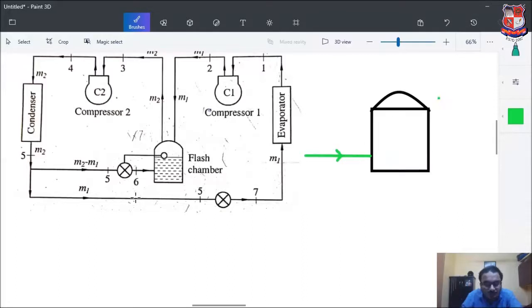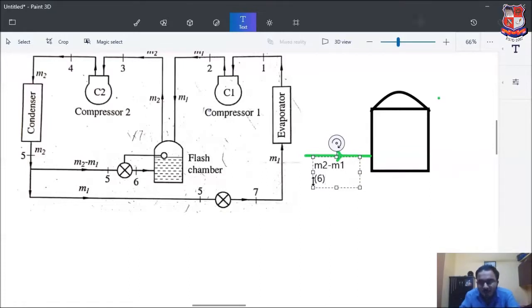So we can put it over here: this will be M2 minus M1. One more thing, its condition will be 6, or we can also write it in terms of total energy.